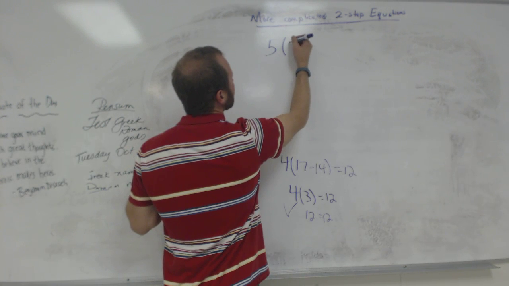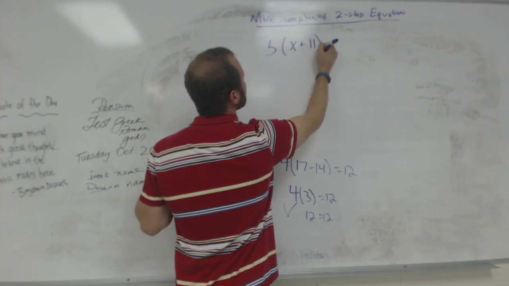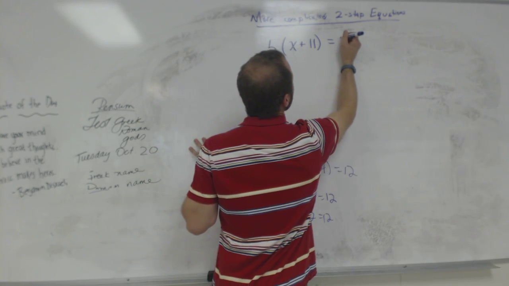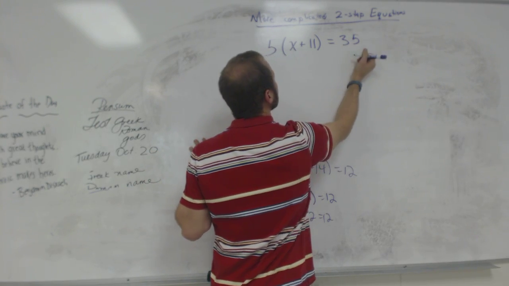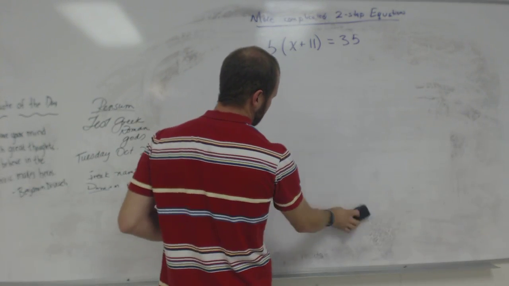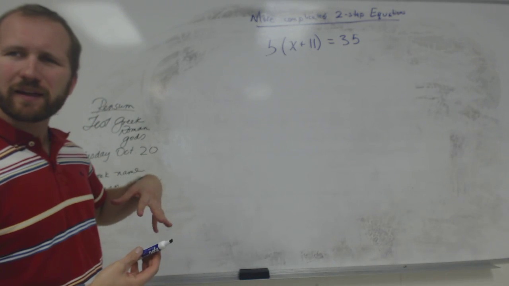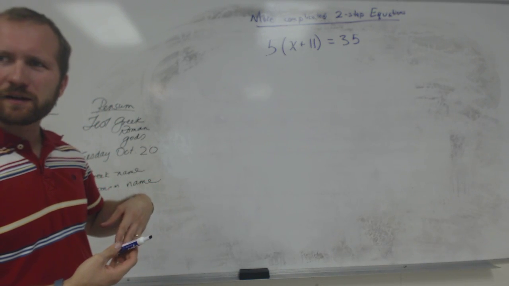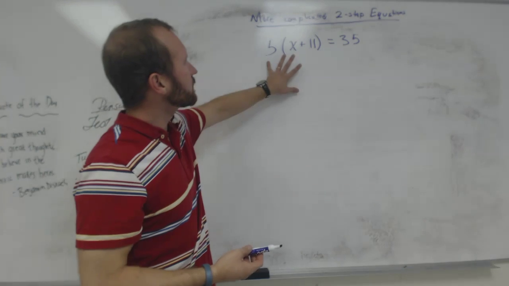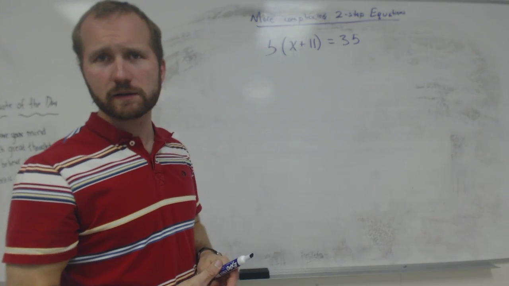So we have 5 times x plus 11 equals 35. Okay, what's kind of in the way of the x on this left-hand side? There's a couple things, but there's one thing I have to deal with first in this case.